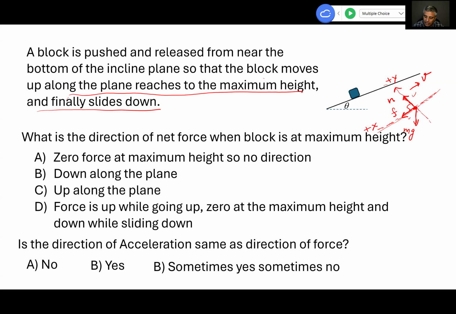To find the components, we need an angle. Here we know this angle is theta. This angle is always equal to the angle made by the weight force to this y-axis here. You want to remember this. We can prove that using a little bit of geometry, but I'm not going to do that here in the class.